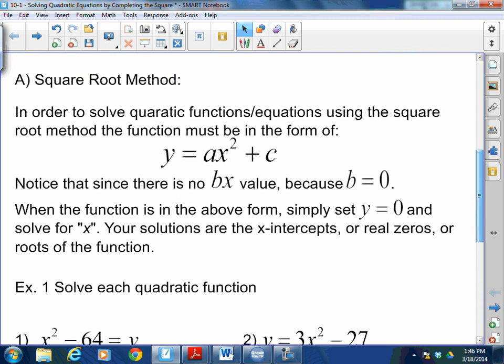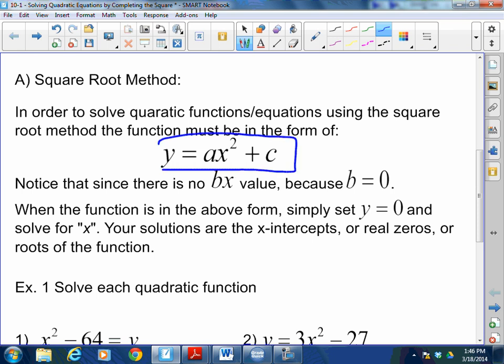Okay, guys, let's first talk about the square root method. Simple, simple, simple. In order to solve quadratic functions or equations using the square root method, the function must be in the form of y equals ax squared plus c. Notice that there is no bx value, because in this case, b is 0. 0 times x is 0.